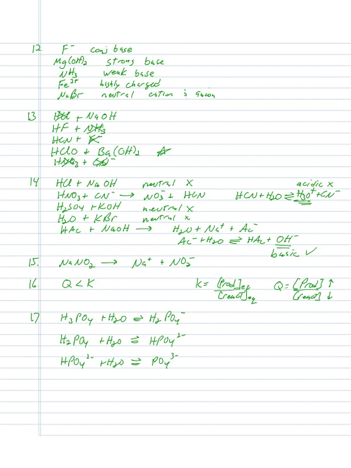I guess that's what it's asking for. The largest Ka, so that's going to be which one? It's going to be the first one, because that's the easiest to lose an H+. And if it's easiest to lose the H+, it's going to have the largest Ka. So as we went down, the Ka's got smaller and smaller. It's harder and harder to take that H off the more you try to take off. So the answer there would be H3PO4.